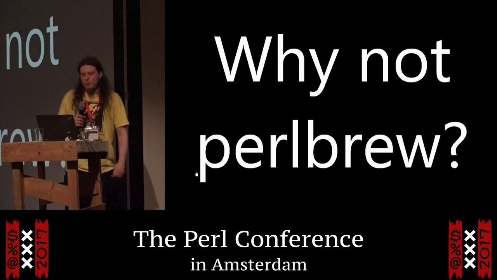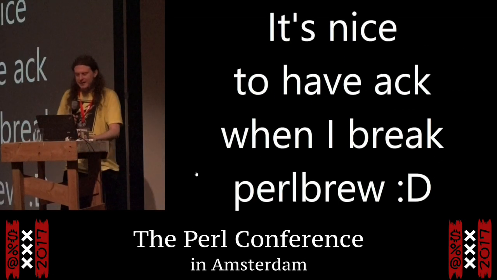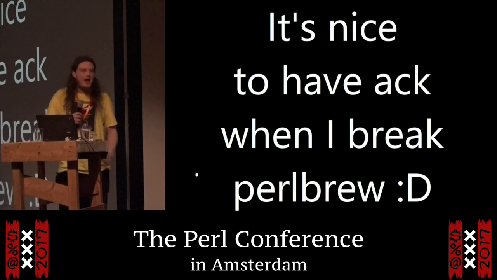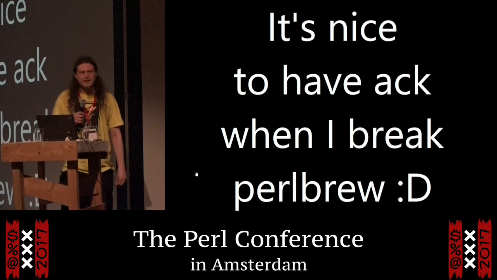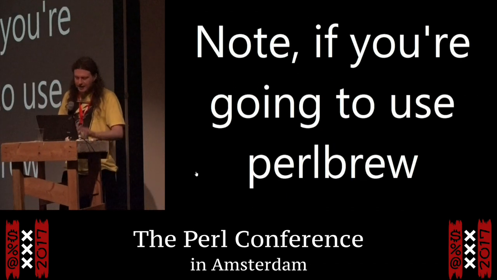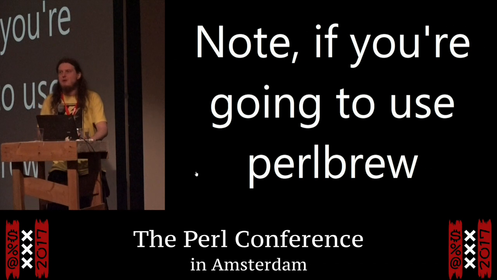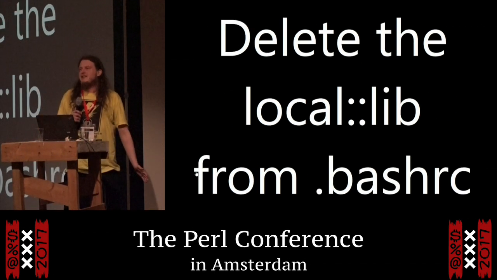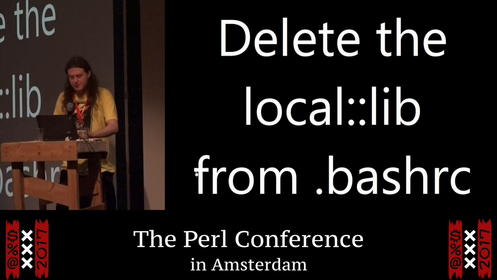People often ask at this point, why not perlbrew? And yeah, basically. Perlbrew is extremely elegant, extremely pleasant to use, and has lots of moving parts that I do periodically snap. So the one thing to be aware of, if you're going to use perlbrew, take the local::lib part out of .bashrc, because it will get confused.